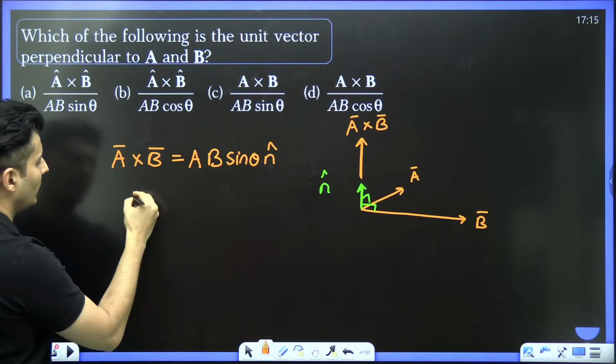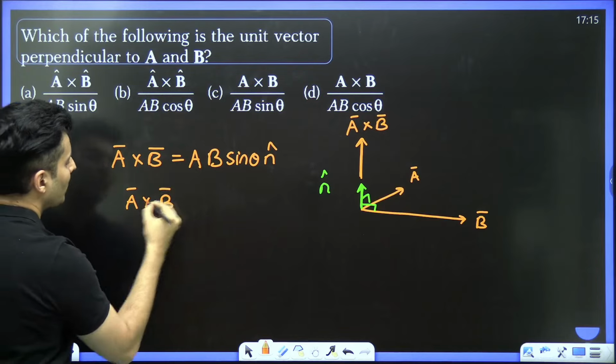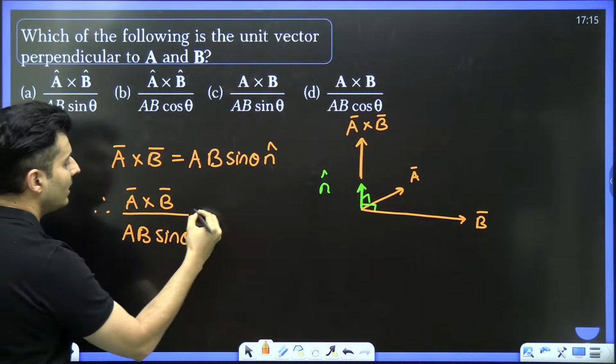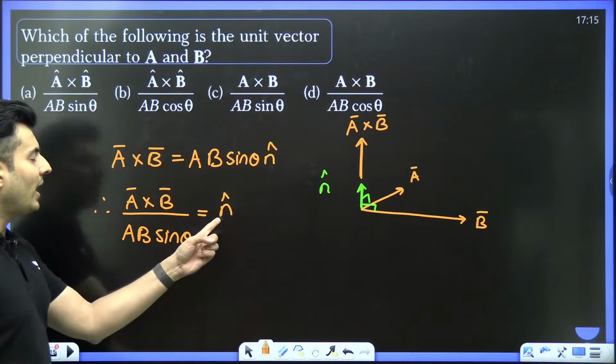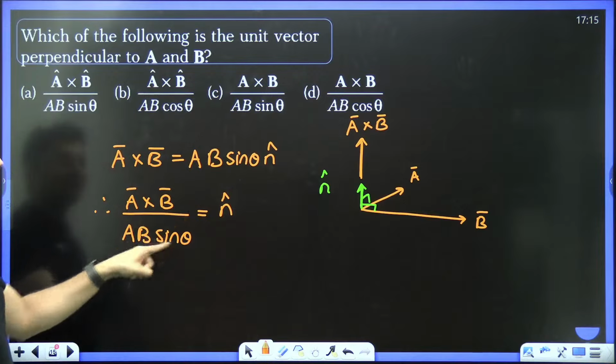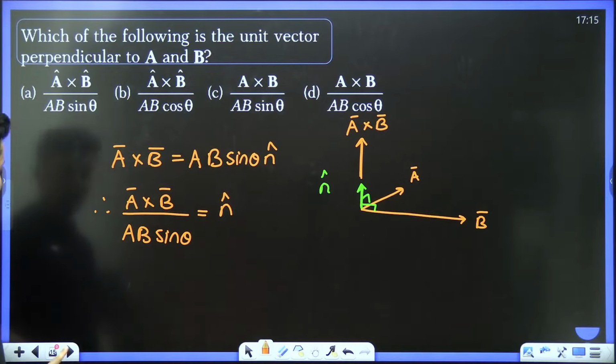So it will become A cross B divided by AB sine theta, equal to n hat. So n hat is that unit vector which is perpendicular to both A and B, and this is the answer. I can see it is in option number C, guys.